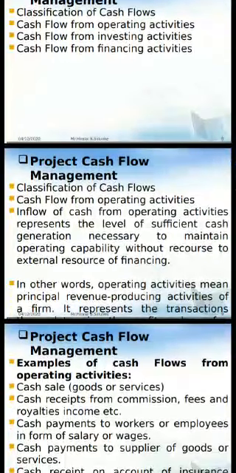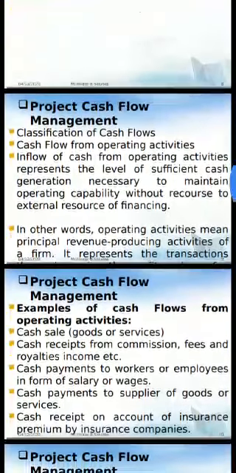First one is your operating activity. Inflow of cash flow from operating activities represents the level of sufficient cash generation necessary to maintain operating capability without recourse to external sources of financing. In other words, operating activities mean the principal revenue producing activities of an organization.